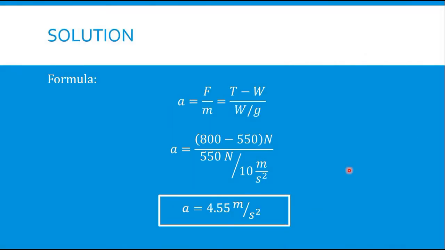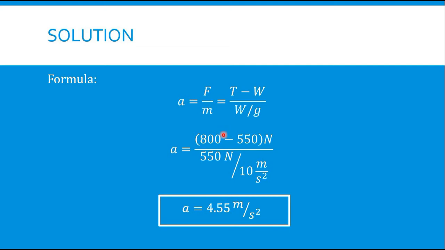The next step is to get the formula for acceleration. Acceleration is equal to the resultant force over the mass. To get the resultant force, we must subtract the weight from the tension. And in order to get the mass, we must divide the weight over the gravity.